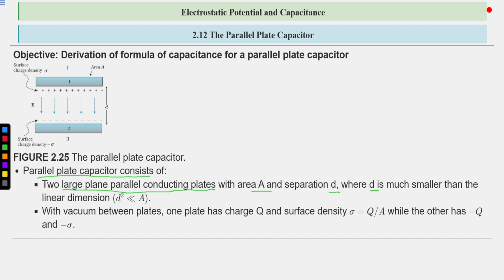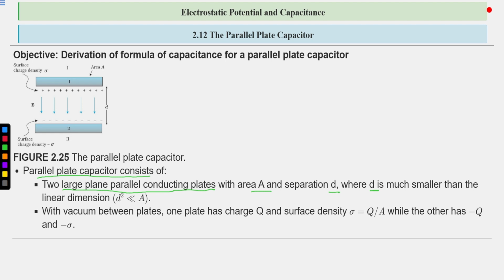What it means is that d, the separation between these two plates, is very small as compared to the area. This d square, we have to compare it with area, so we have to take d square. We can't compare a linear dimension with area. So we have to put the square.